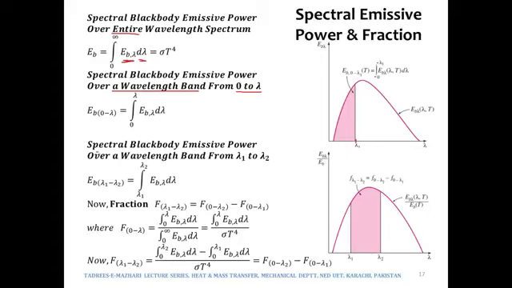Then we have this term which says spectral blackbody emissive power over a wavelength band from lambda 1 to lambda 2. Why would one be interested in finding this out? Lambda 1 may be, let's say, 400 nanometers and lambda 2 may be 700 nanometers.